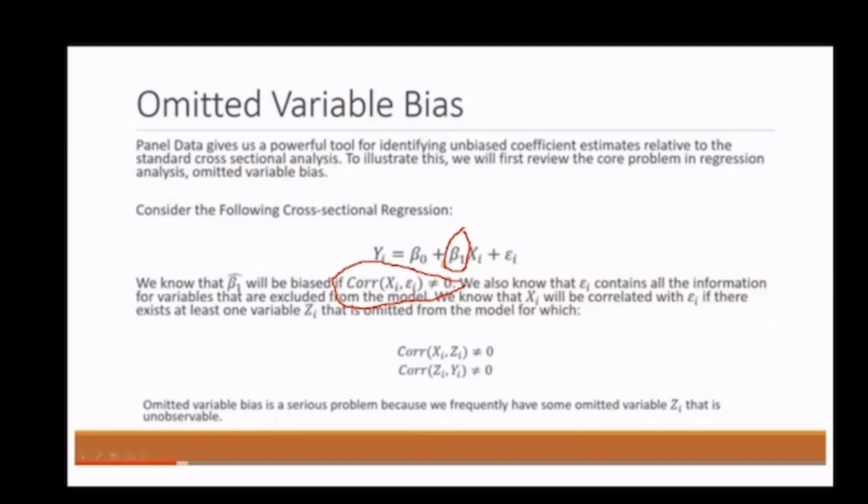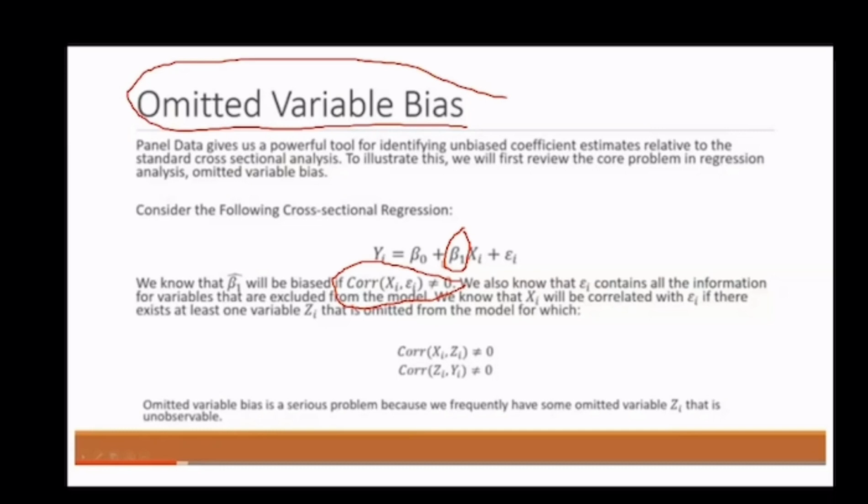But we all know the moment a time component is involved, there's going to be a violation of that. And when there's a violation, that will lead us to a problem that we call omitted variable bias. Why is it called omitted? It means a variable that is important, where do we have it?